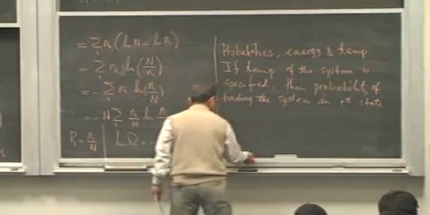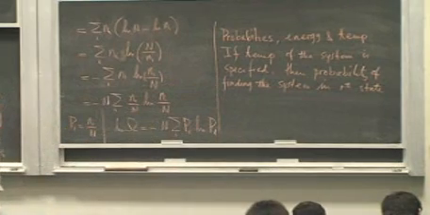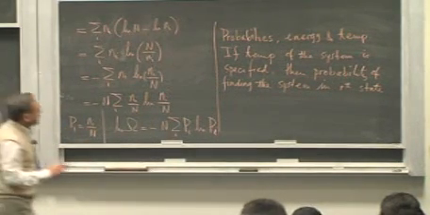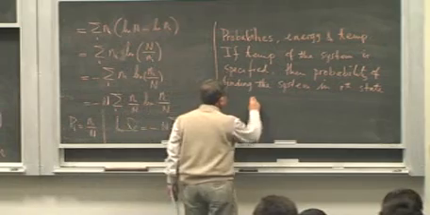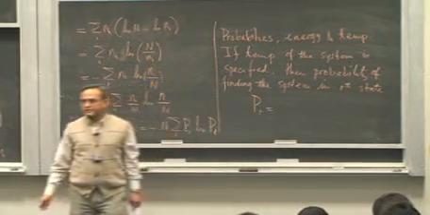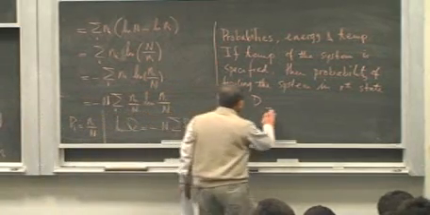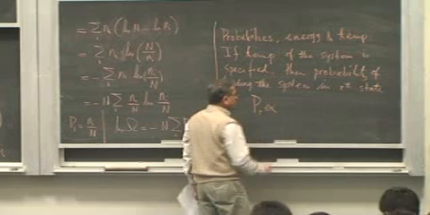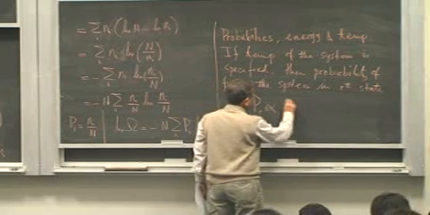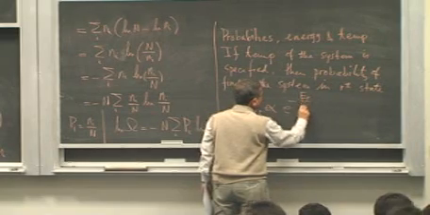is given by, and I'm giving you something without proving it, just writing it so that you know how this thing is calculated. This is P_R, probability of finding the system in the rth state, as being proportional to, not equal to, proportional to exponential of minus E_R over KT.